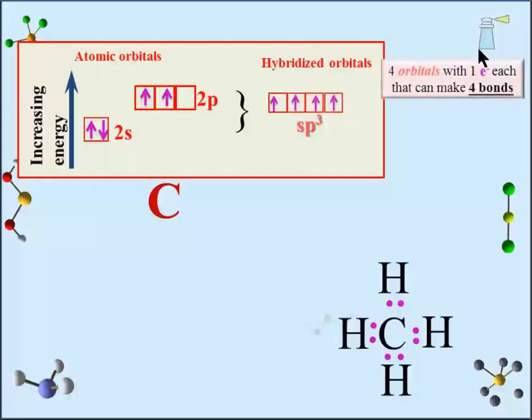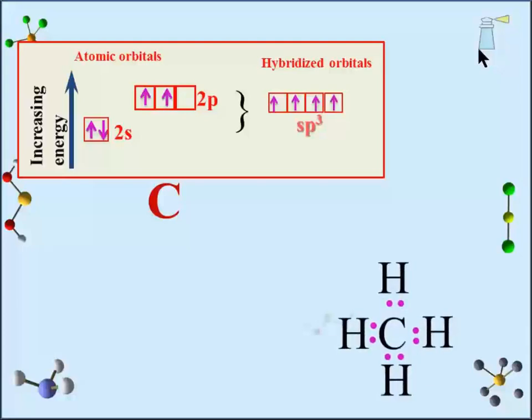Now we have 4 orbitals that each have a single unpaired electron, which allows carbon to be able to form 4 bonds. Bottom line, hybridization provides a rationale for how an atom can recombine atomic orbitals and reassign valence electrons so that it can participate in making covalent bonds that are not consistent with its original electronic configuration.